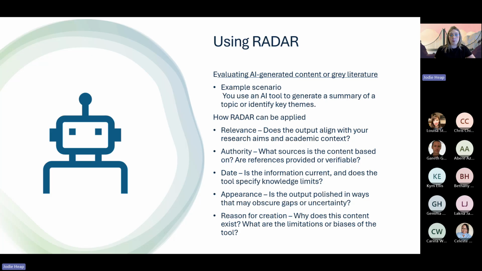Again, these are becoming more and more popular, and they have their pros and they definitely have their cons. So how RADAR can be applied is by looking at if the output aligns with your research aims and the academic context, looking at what sources the content is based on and are the references provided and verifiable.